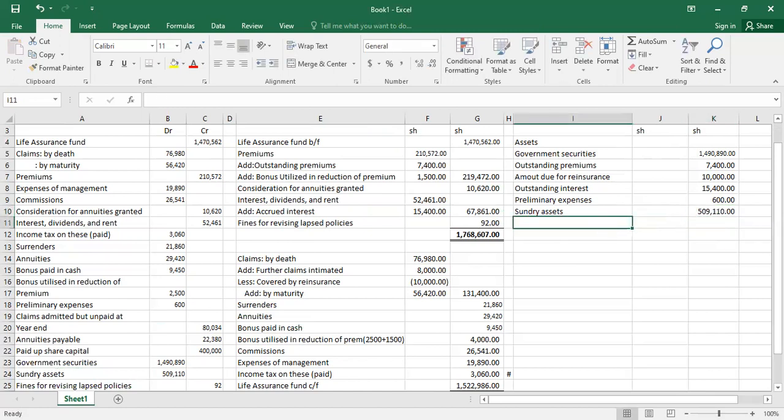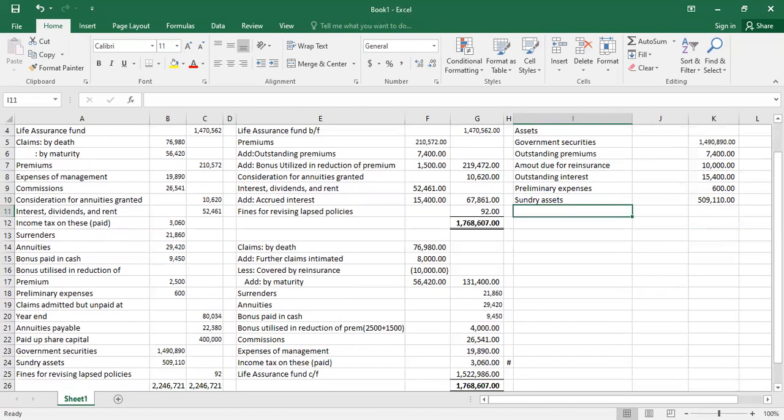I'm trying to peruse through to see whether I have any other asset. Means we don't have any other assets. Only that.